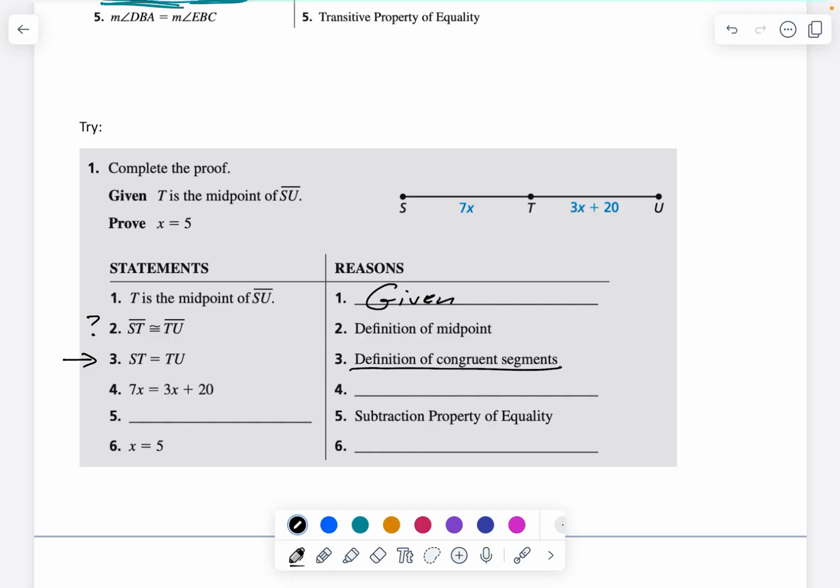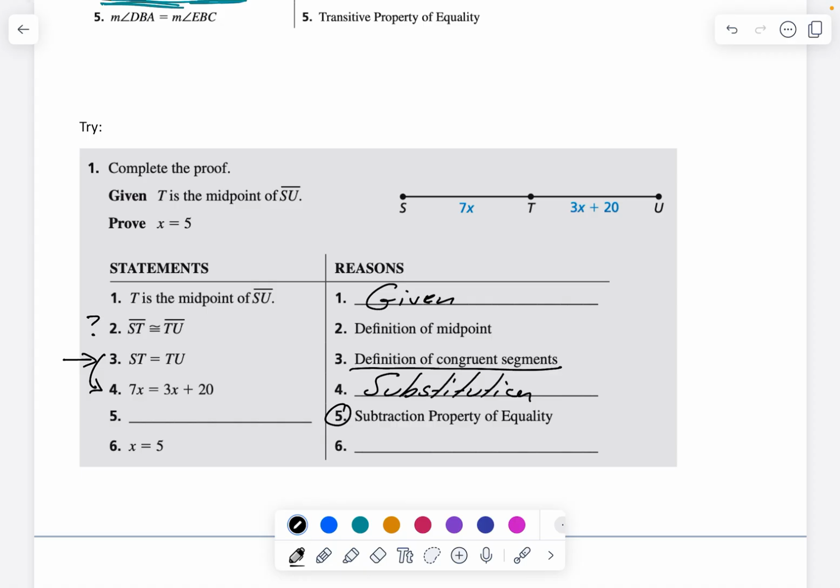So what happened when we went from 3 to 4? Well, instead of ST, we have 7x, and instead of TU, we have 3x plus 20. So that would be a substitution. They substituted. Now, we know the next reason is subtraction. So now it's a matter of solving this equation.